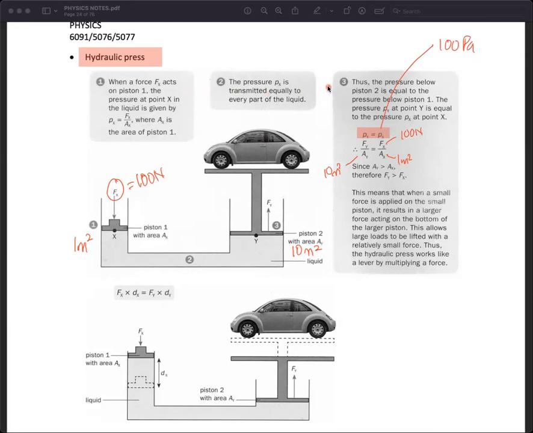Because this is an enclosed fluid, the pressure at X will be the same as the pressure at Y. That is Pascal's principle. So pressure at Y will also be 100 Pascal. Because the area at Y is 10 meters square, my force here would now become 1000 Newton. So this force that's pushing up is 1000 Newton.